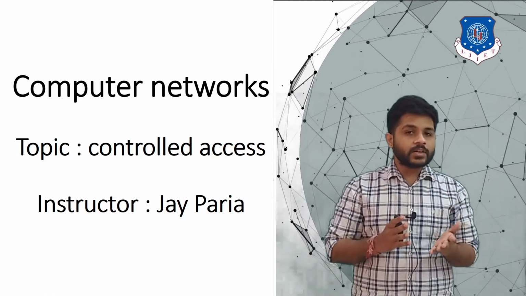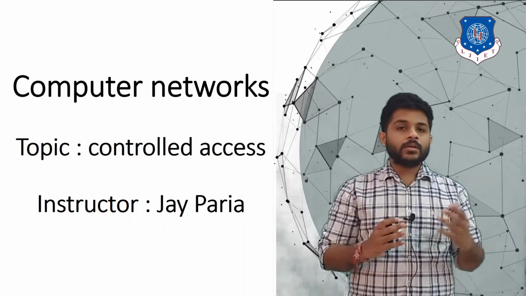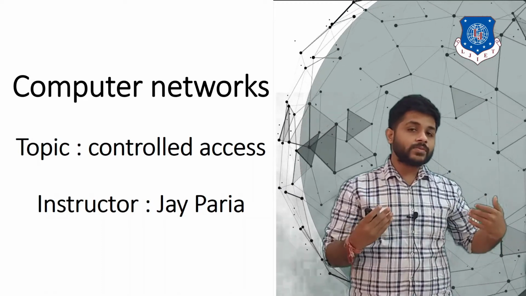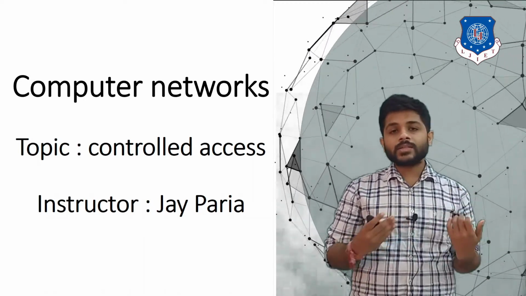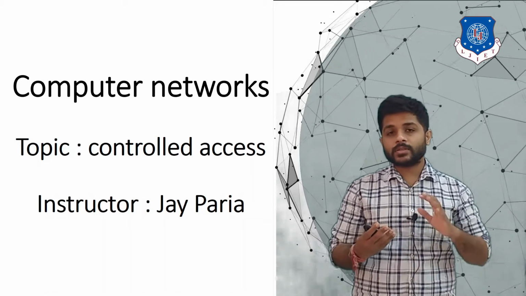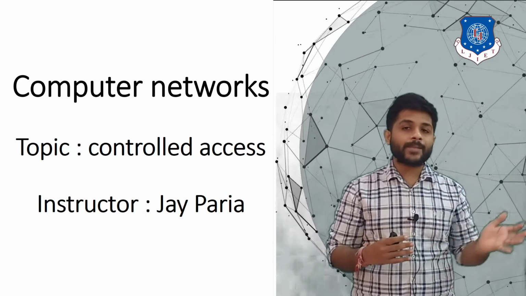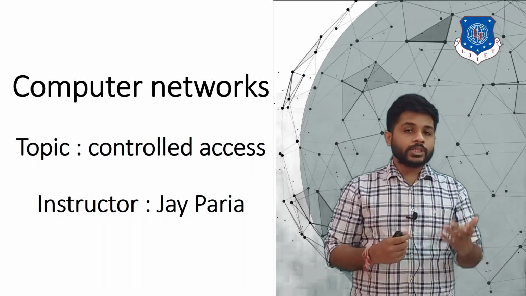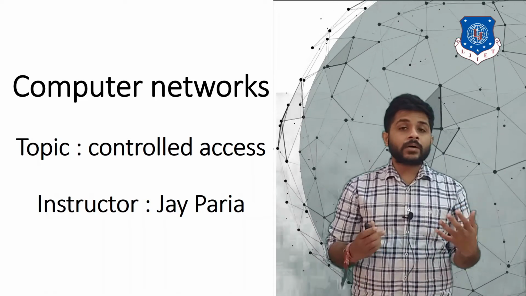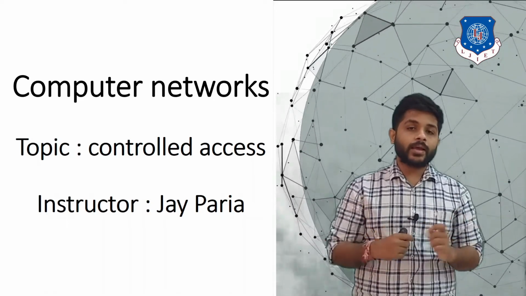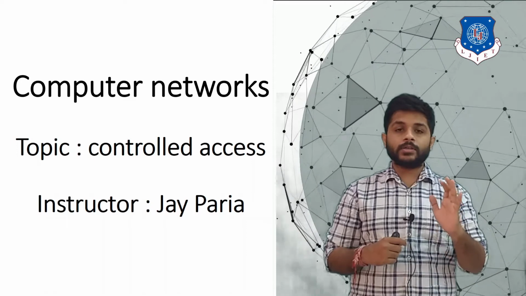When the receiver receives the data, it will not understand it because the signals are now abnormal. So that is why we need some mechanism, some protocol, and the control access protocol is needed.